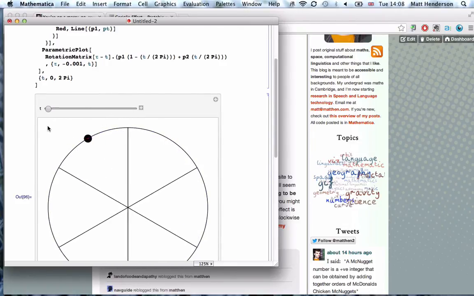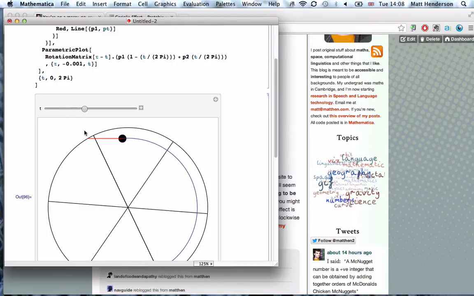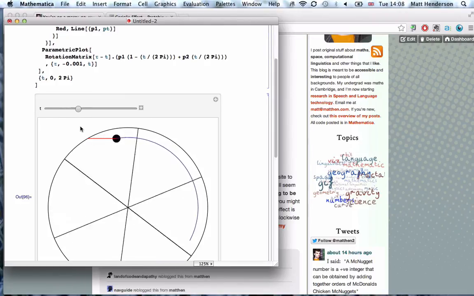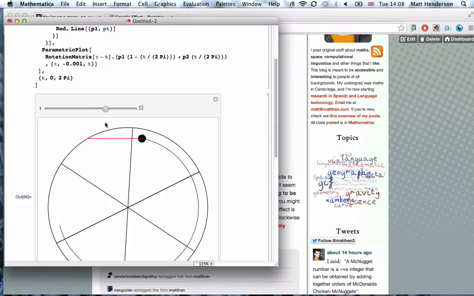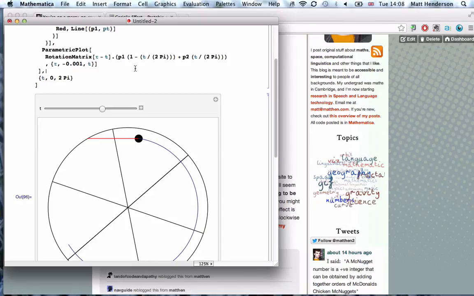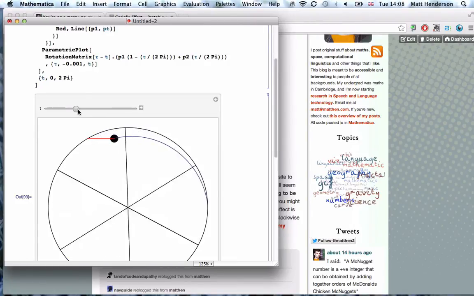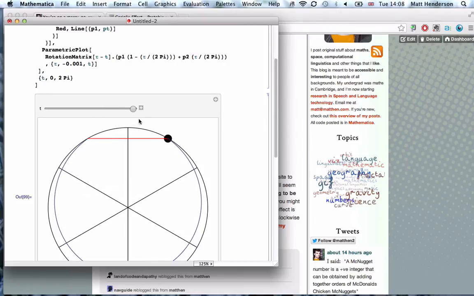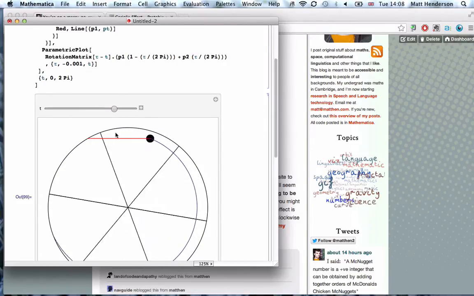It's not quite right though, because the blue thing is actually moving. Let's see. Oh yeah, it's because it should be tau here. Yeah, cool. That's it. Does a full rotation and draws out what's going on underneath.